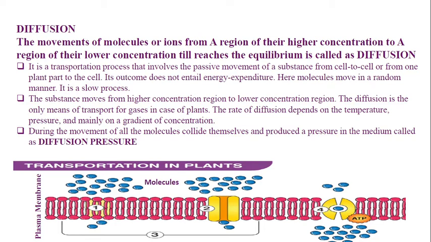So here is the diagrammatic representation which shows a red colored plasma membrane, and outside that plasma membrane there is a higher concentration of water particles or molecules, and one by one they can be absorbed inside the plasma membrane.